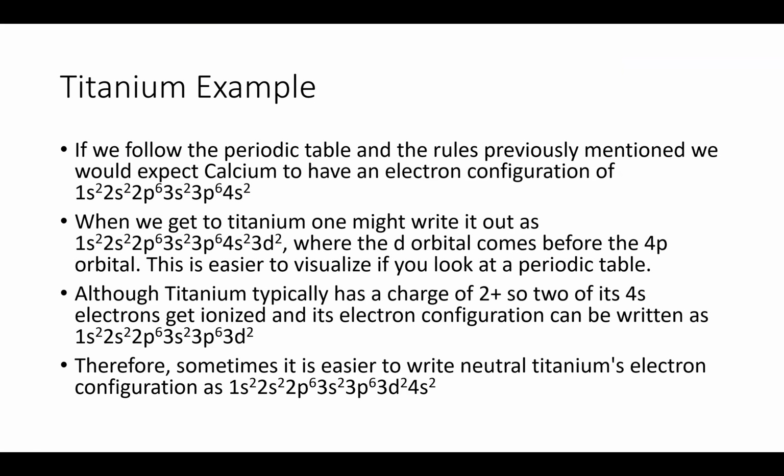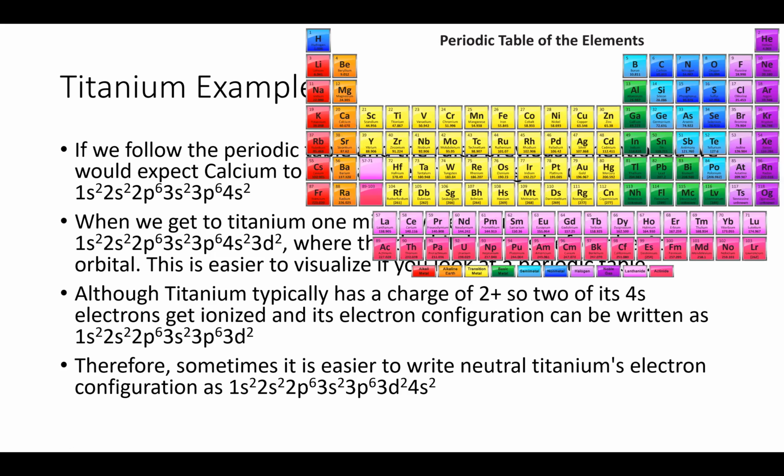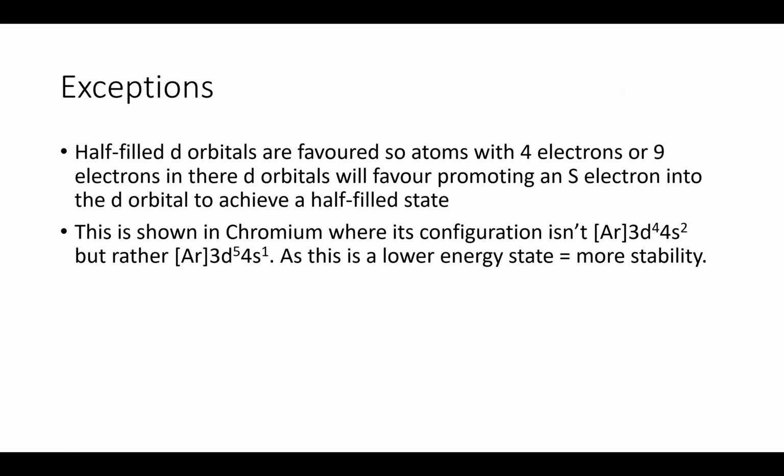Although titanium typically has a charge of 2+, so 2 of its 4s electrons get ionized, and its electron configuration would have the 3d2 at the end instead of the 4s2. Therefore, when we write this, we typically write the 4s2 at the end, just because those are the 2 that get ionized first.